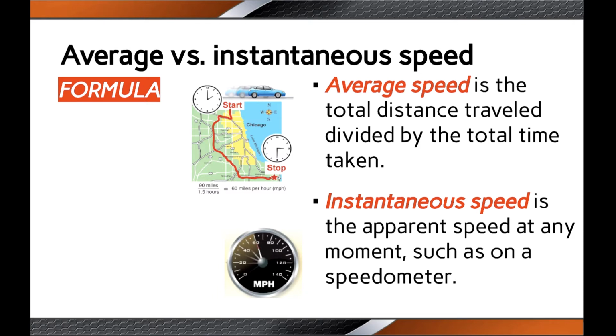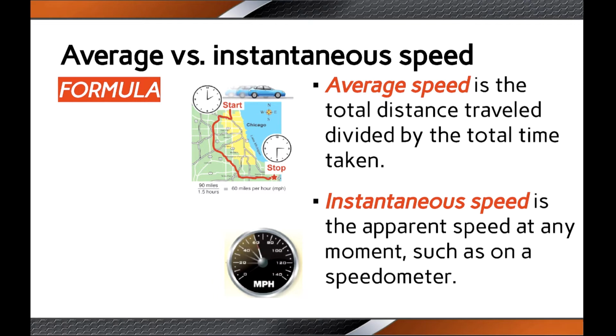Well, that's called our average speed. And there's 2 ways that we're going to calculate the average speed. That's where we look at the total distance traveled and then divide it by however much time it took you to get there. Before we get to those 2 formulas, we'll look at our last type of speed, and that's the one where you're going to look at your speedometer in your car.